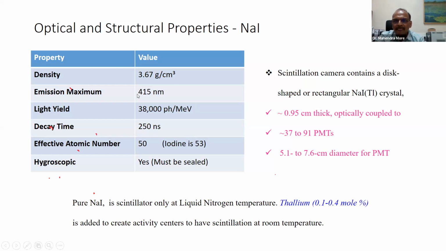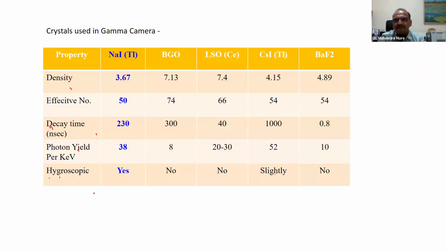A very pure sodium iodide crystal scintillates at liquid nitrogen temperature, but with thallium doping it can have scintillation properties at room temperature. So these are the different crystals that were earlier used for the gamma camera.